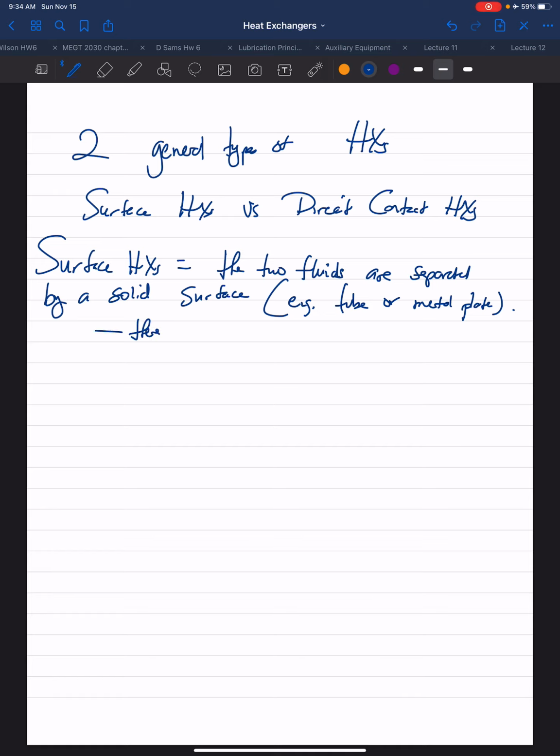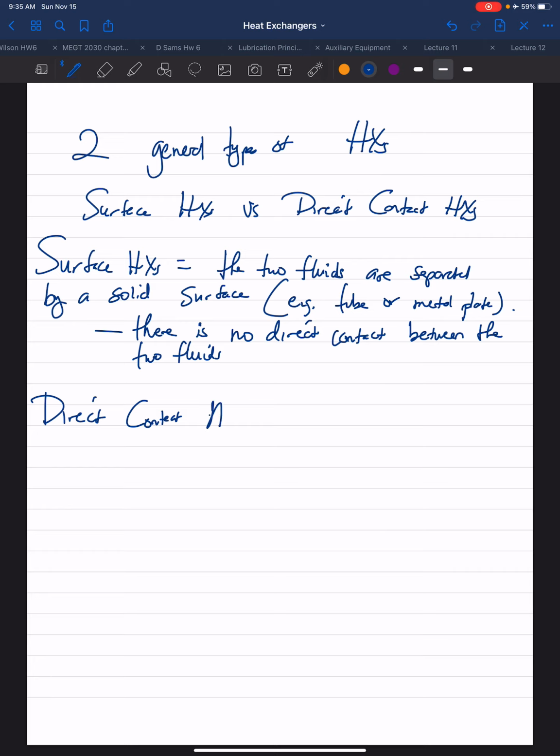So there is no direct contact between the two fluids. Then you have direct contact heat exchangers. The two fluids come into contact with each other.